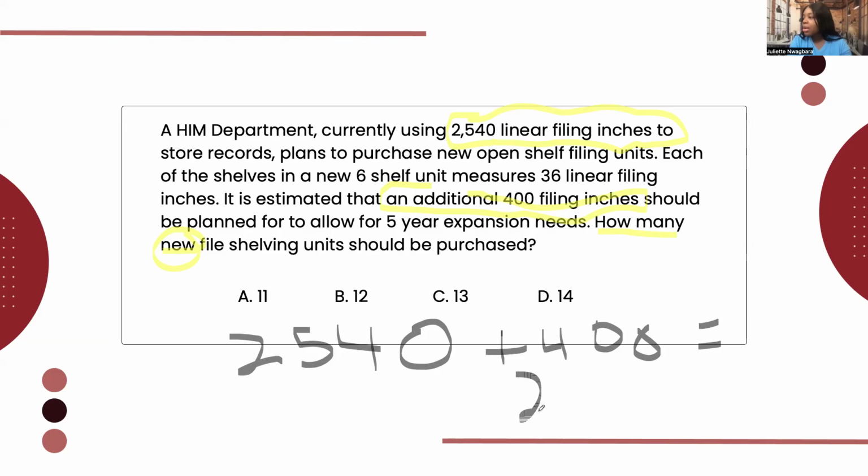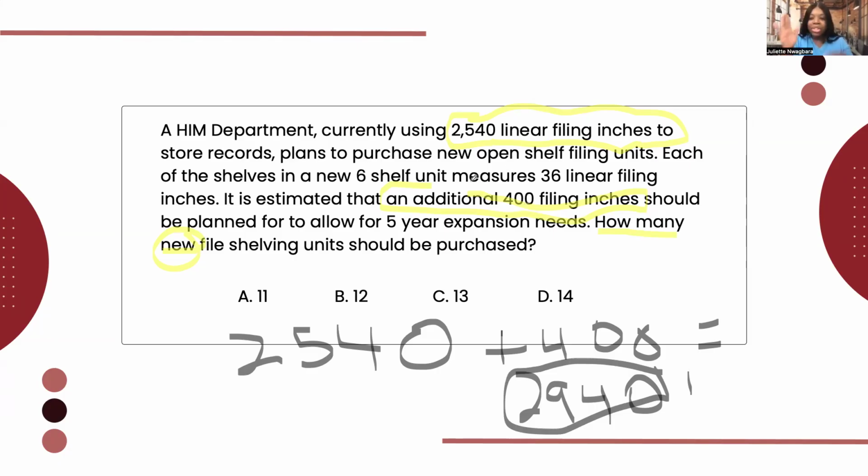So we're at 2,940. Okay. So this number is not going to be part of our final answer. It's just going to help us to figure out what we're going to be working with. So we are going to be working with 2,980. This is going to be our filing inches, okay? So we've used these numbers.